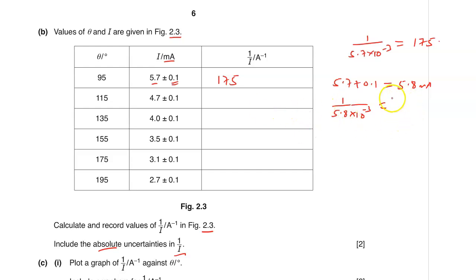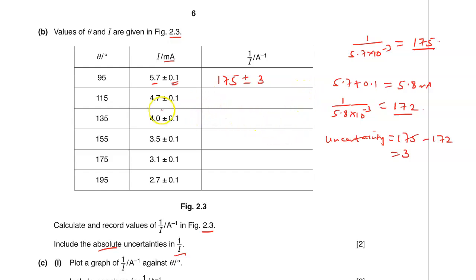I've gotten 172. And therefore, uncertainty is equal to the difference between this value and this value. So 175 minus 172, this gives me 3. So my uncertainty is plus or minus 3.